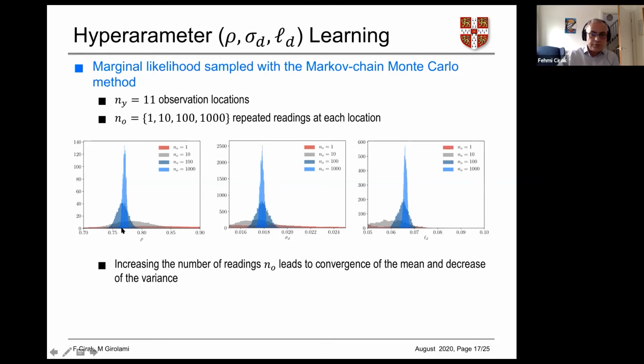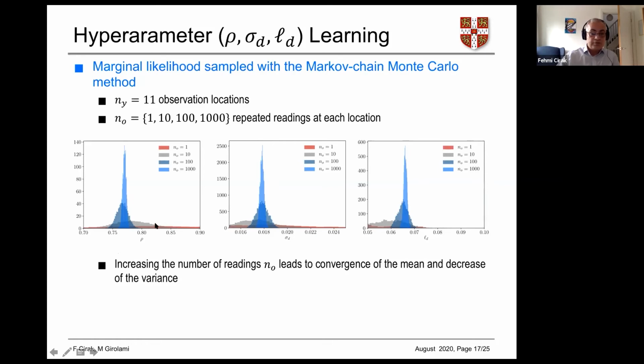If you look at N0, this means we have 11 observation locations and we make only one reading at those locations. Then you can see this marginal likelihood, or the probability histogram, which we obtained with MCMC or Markov chain Monte Carlo.